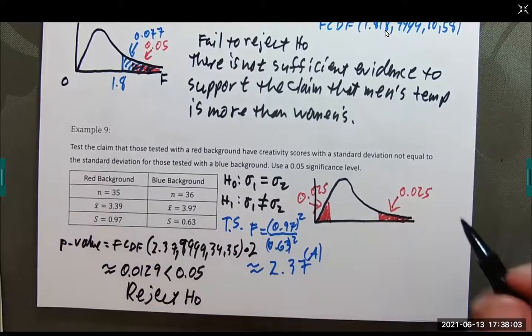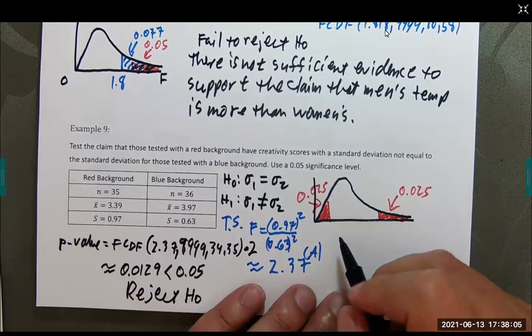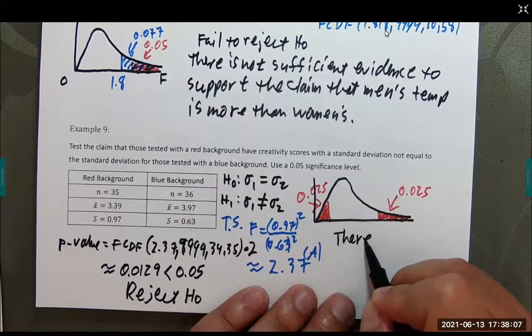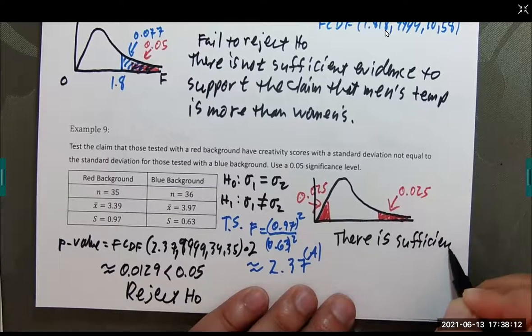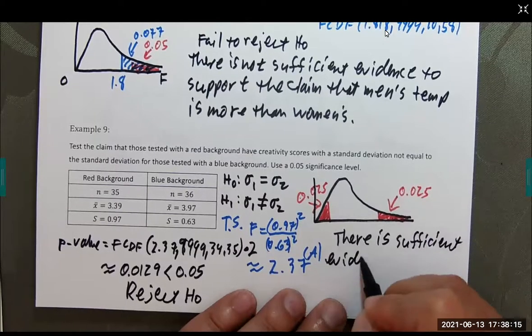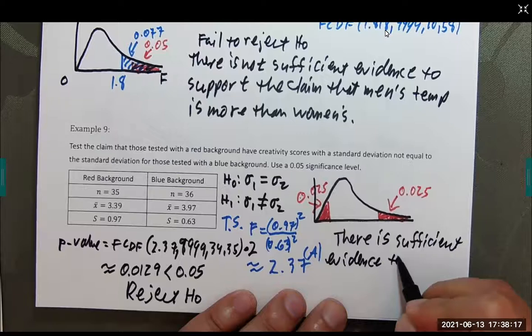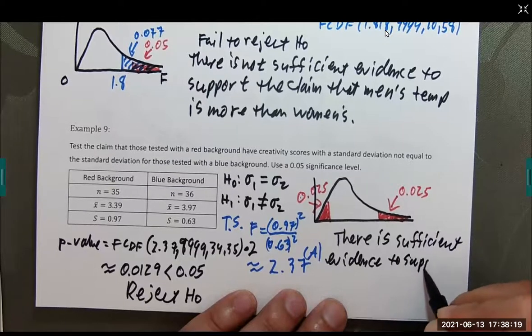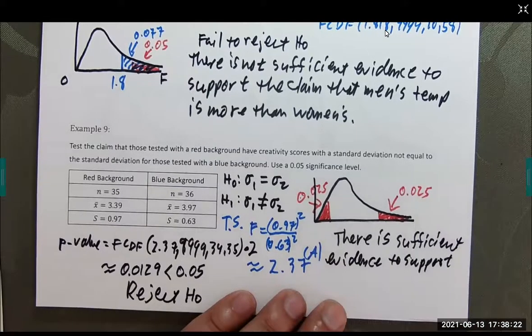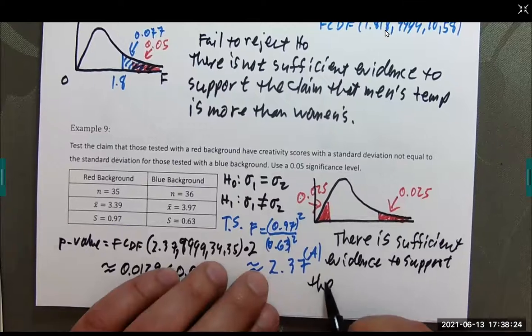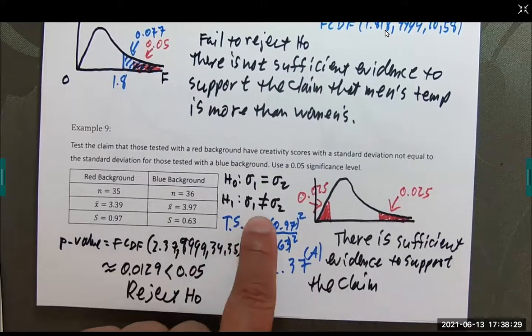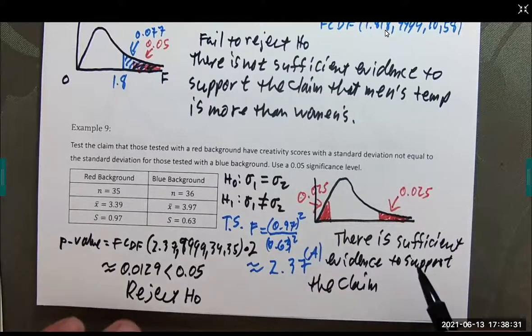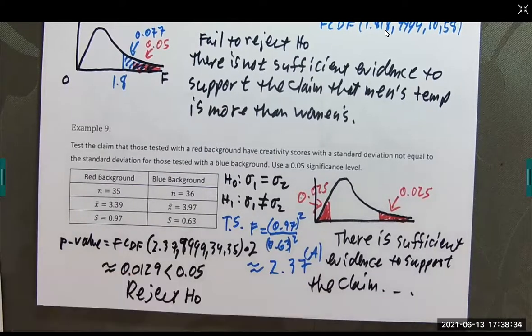And I don't have enough room to write it all in here, but this is there is sufficient evidence to support the claim that the two standard deviations are not equal. So I'll add over here. And there is a comparison of two variances or standard deviations.